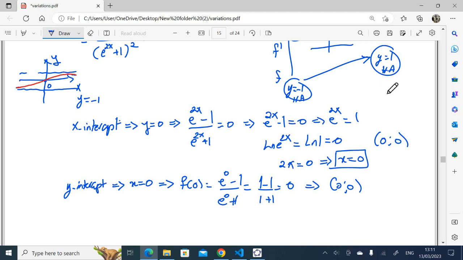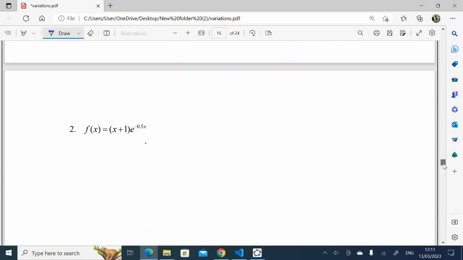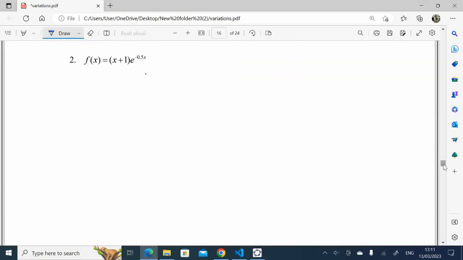If we go now to the second function, we have f of x equals (x plus 1) e to the minus 0.5x. First, the domain: since this function is defined everywhere, the domain is minus infinity to plus infinity.